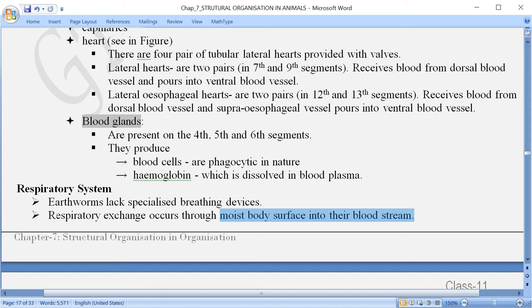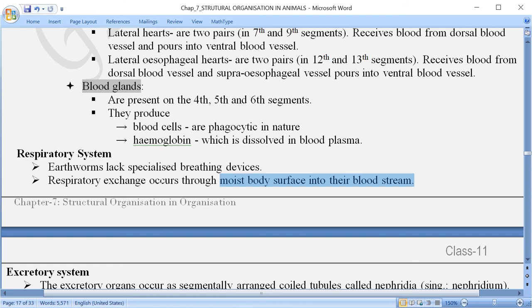Once again, respiratory system is not much developed, you can say. There is no specialized organ for respiration here. The whole body surface acts as a respiratory surface through which they can carry out the exchange of gases.